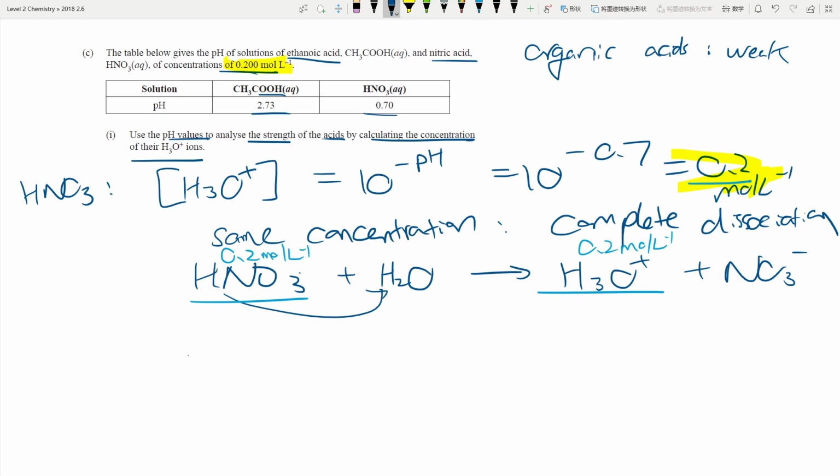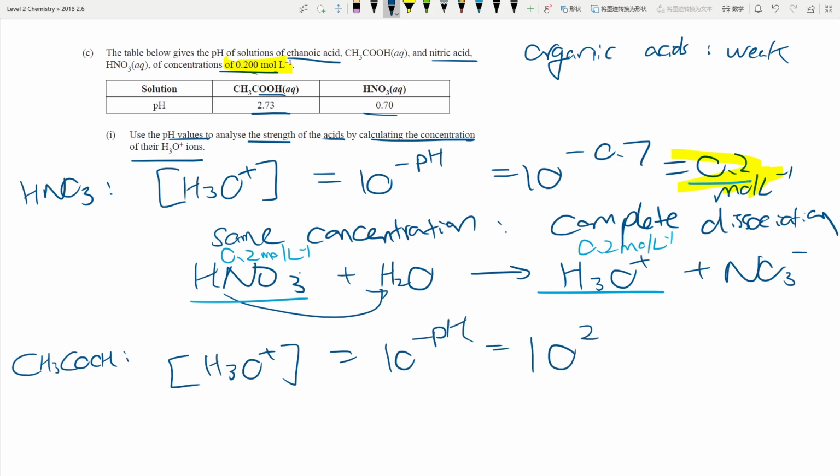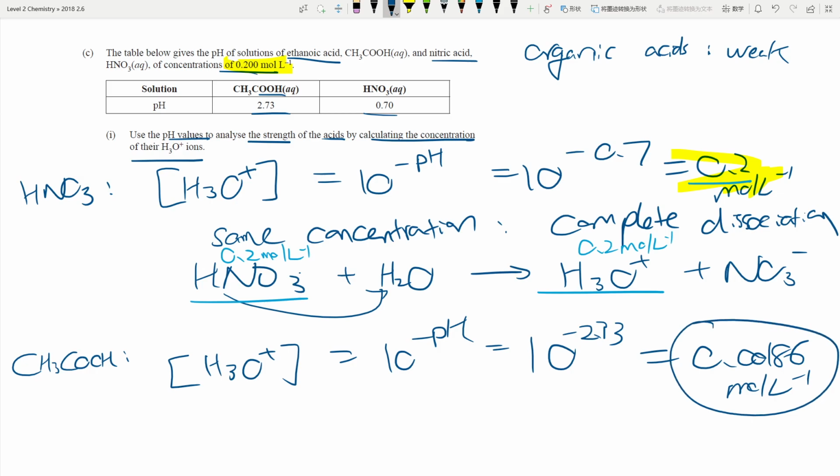The next one, if we do the ethanoic acid, CH3COOH. Oops, I was meant to do H3O plus equals 10 to the power of negative pH, which is 10 to the power of negative 2.73, and you're gonna get 0.00186 moles per liter. So this number obviously doesn't equal 0.2 mole per liter.